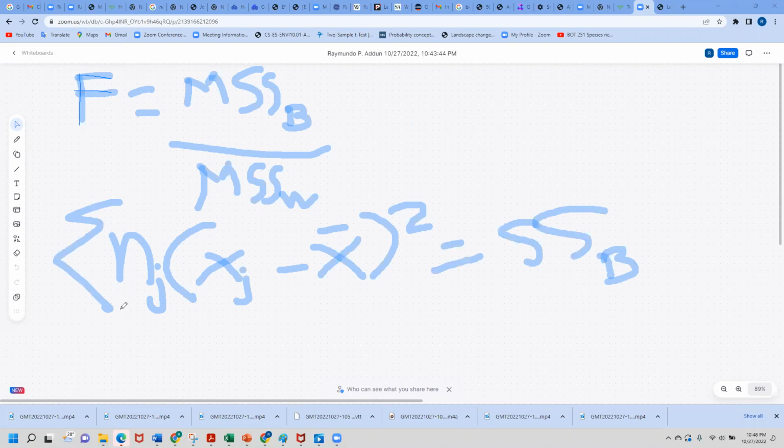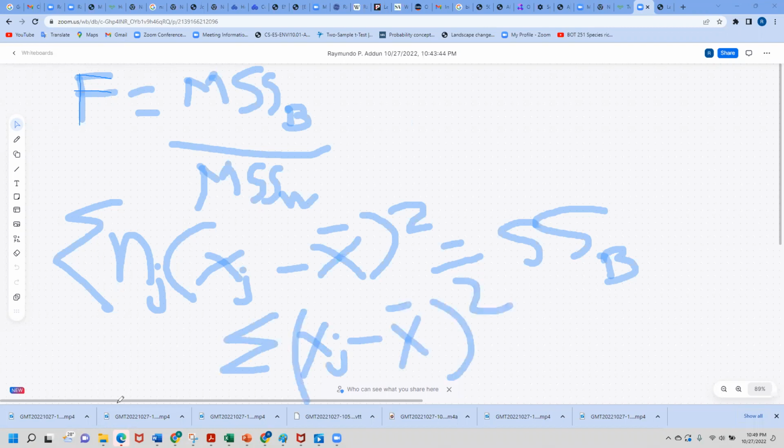Well, if each group has the same number of items, you can actually just get the sum of squares of xj, the same one that we're talking about, and you multiply it by the number of items of its group, which is a constant, the same n, the number of observations in one group.